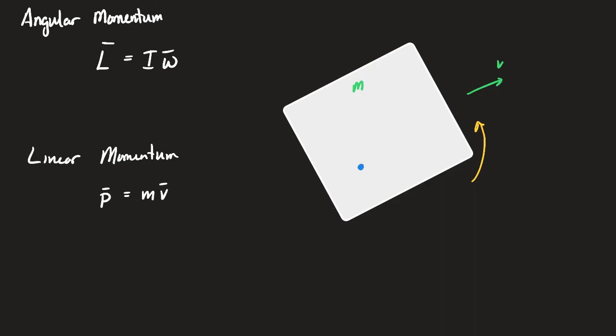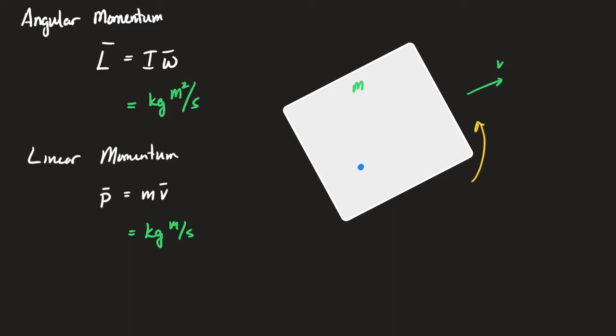Angular momentum is a different unit than linear momentum. Linear momentum is kilograms meters per second. We don't have a special name for that. Angular momentum, if you look at the units here, is kilograms meters squared per second.